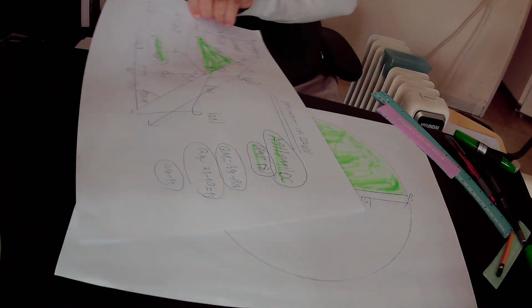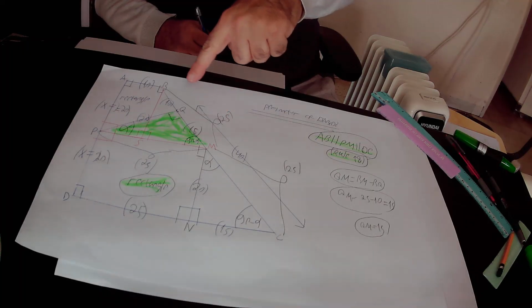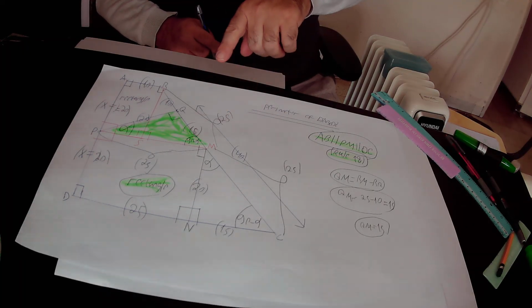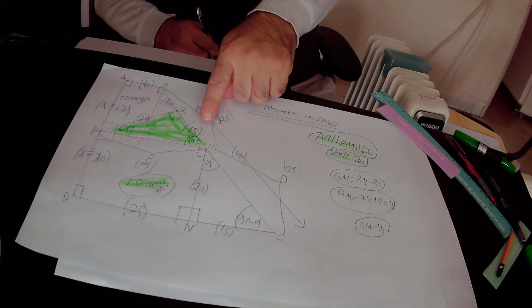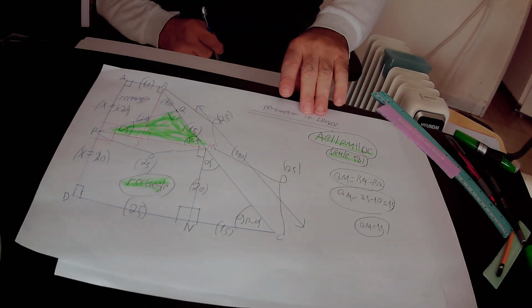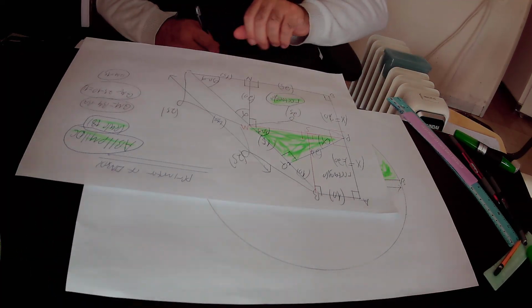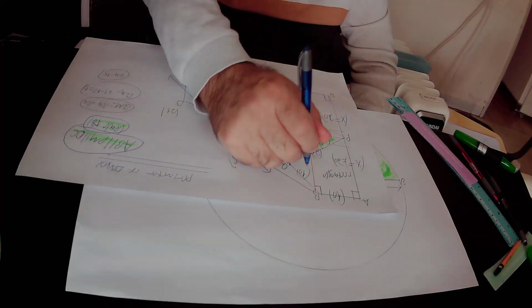In the next step, we'll focus on this upper right triangle, triangle BSM. In the right triangle BSM, this angle equals 90 degrees minus alpha, this angle equals 90 degrees, and therefore this third angle must be equal to alpha, according to the rule that says that the sum of the angles in the triangle is equal to 180 degrees.